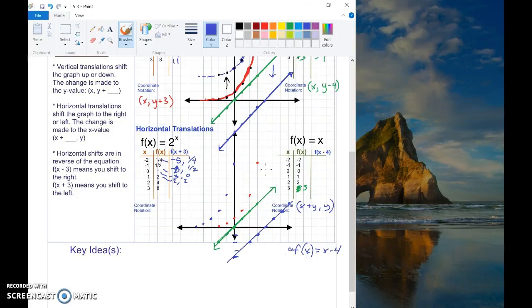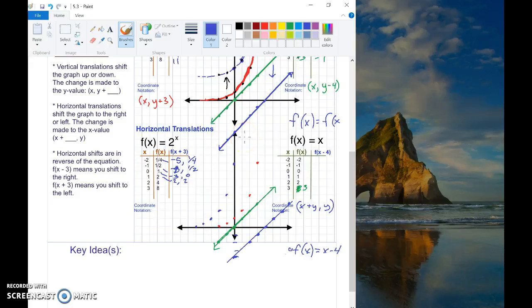All right. Now, though, what I want you to do is think about what this equation would look like. This one, I want to think about what the equation of this line is.